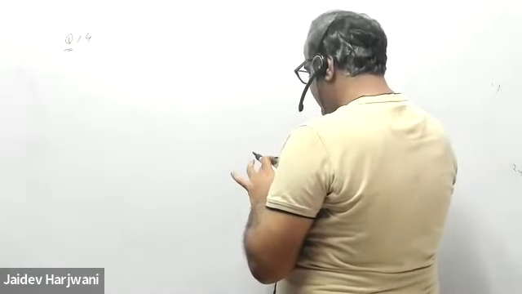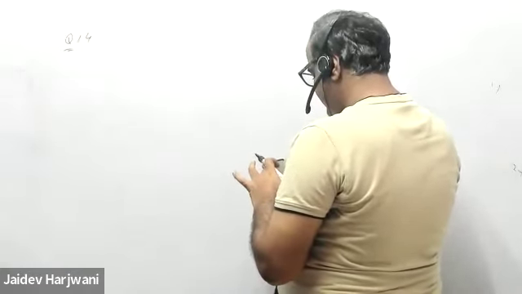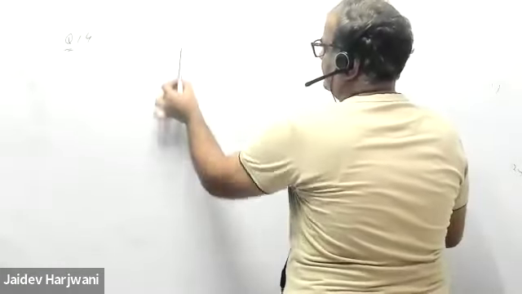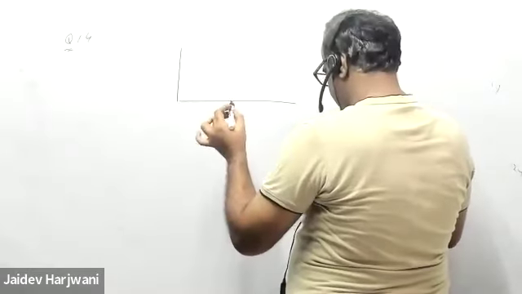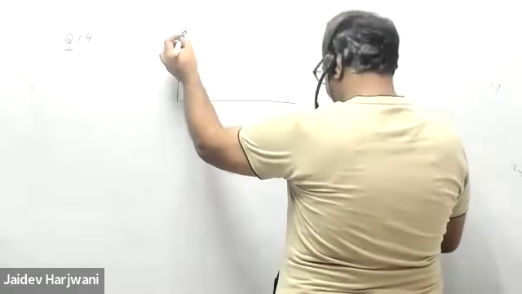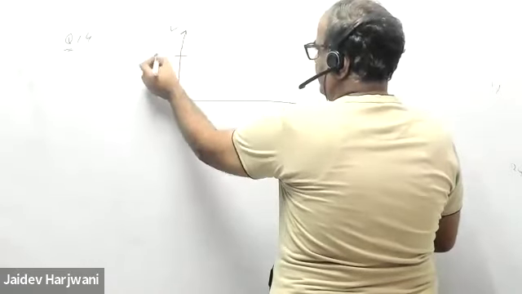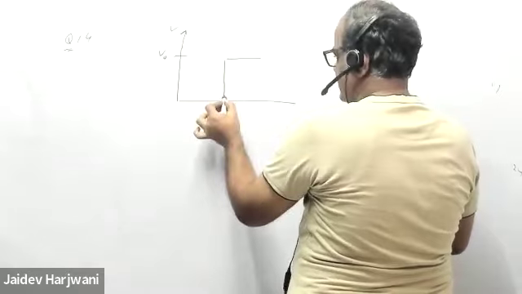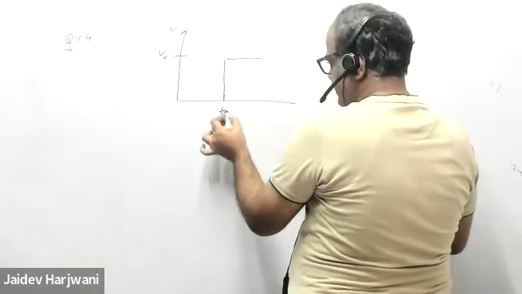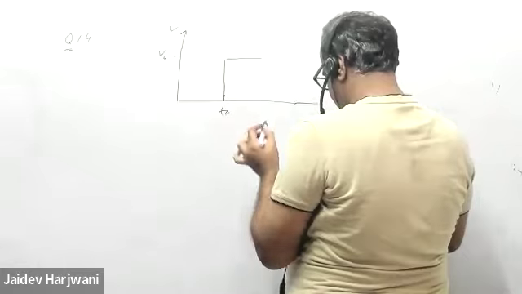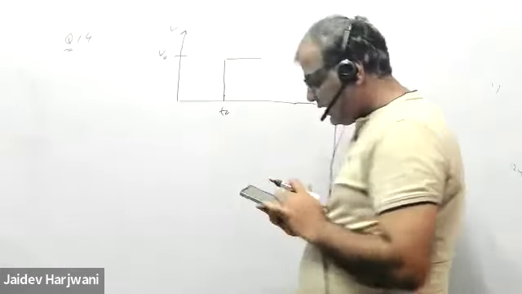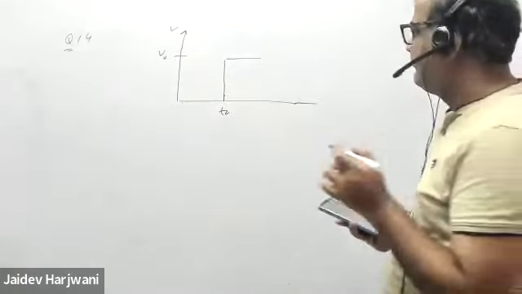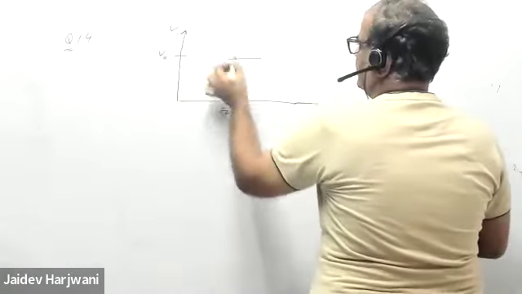The input given to the ideal op-amp in the circuit, what is the correct output of the integrator circuit? Integrator circuit is there. You're applying V naught, and this one, T naught. Okay. Can you tell me what is the correct option for this one? This is the input for the integrator, what is the output?